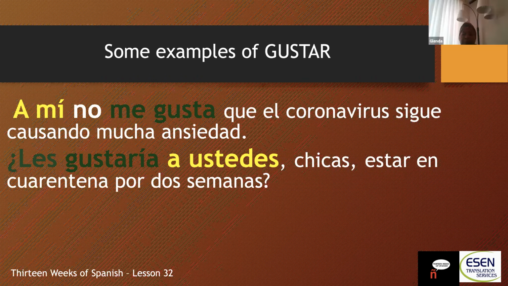These are not subject pronouns that control the verb. These are object pronouns that receive the action of the verb. Nos means us and to us. Yes, it all depends on what the verb is and what the rest of the sentence is talking about.